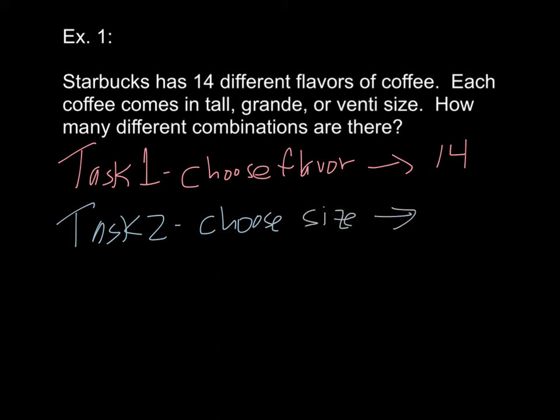And there are 1, 2, 3 ways to do that. So the total combinations are 14 times 3, which is 42 different combinations.